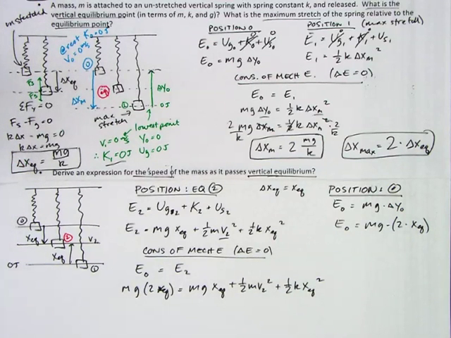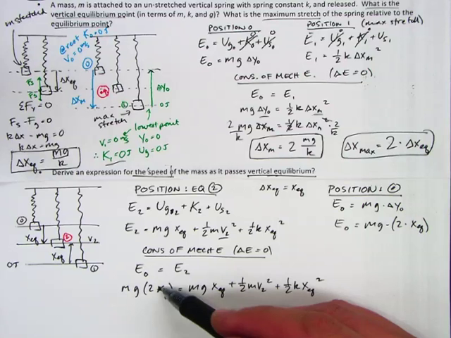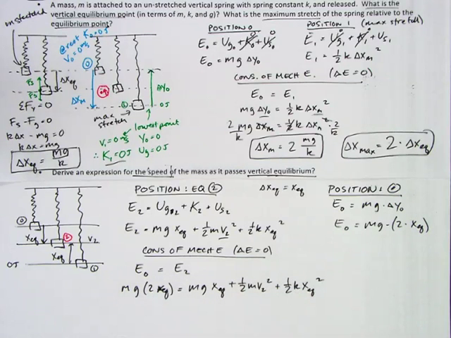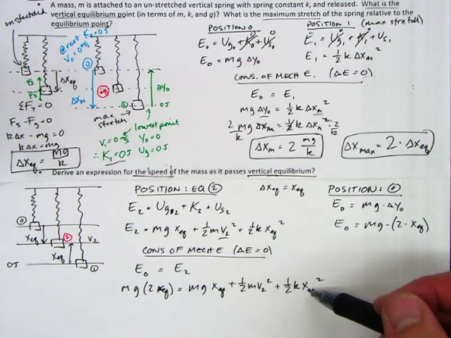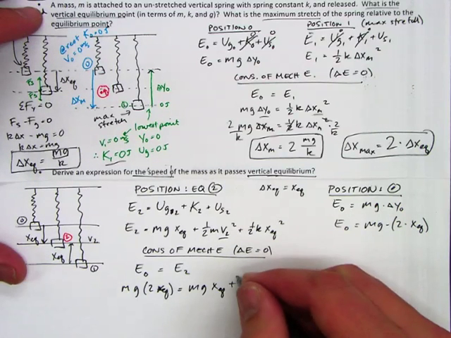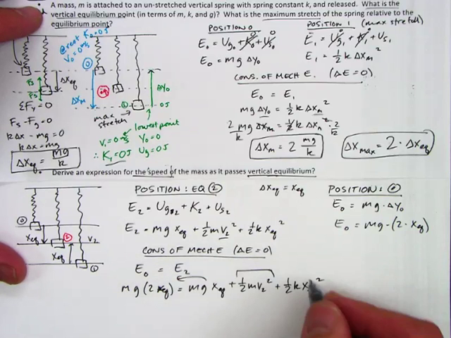And now I have kind of a mess. I have an equation that has v2 in it, and it has a bunch of other known quantities. I know x equilibrium, I'll know k and mass and g. I guess I should say I don't know that I know them, but if I knew the mass and the stretch and gravity and k, I could figure out this maximum speed. So let me get the kinetic energy term by itself. So I'm going to subtract this over, subtract that over.